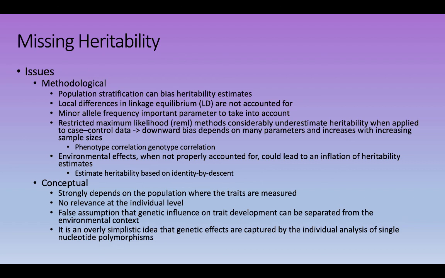But aside from methodological issues, there are some conceptual issues that also need to be taken into consideration. One of the big things for GWAS, especially in the health context, is: are we actually looking at a population and measuring these traits in that population that's going to be able to tell us something about other populations and other groups? So there's been a lot of effort to sample a lot more broadly, especially when it comes to ethnicity and genetic background in health studies, so that we can better understand.